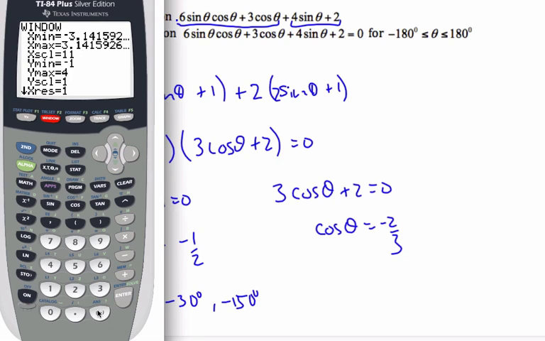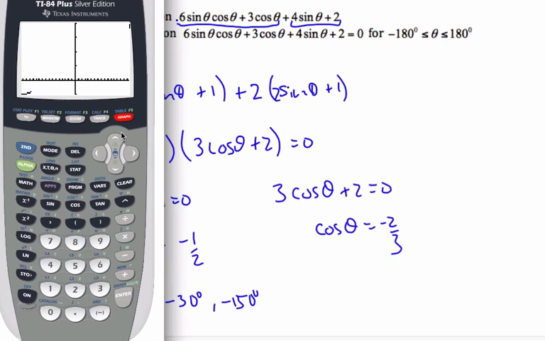I want to make my window from negative 180 to 180, since this is the window I'm looking for my theta. My y values are fine. Enter. I'm going to graph this now. Here comes cosine. Negative 2/3 should be here, and I'm going to get these 2 values.